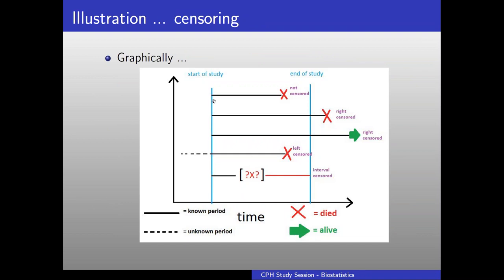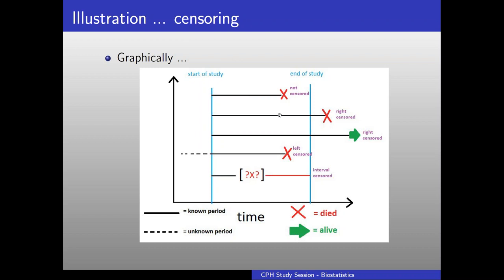So for the first person, this blue line here is when we start observing. This is when the time starts. This first person, we observed and they experienced the event. They died within our study period. So this person is not censored.